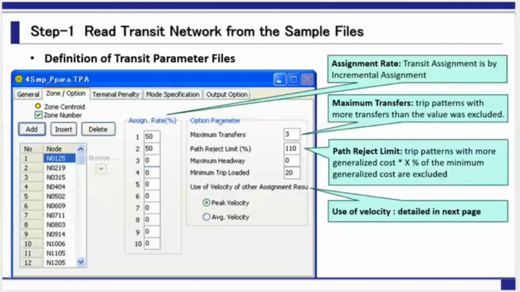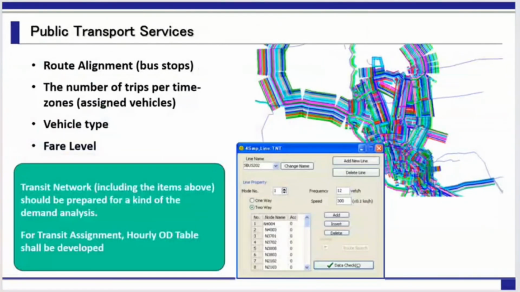Then the option parameters, the maximum transfer meaning. For example, a very complicated transit network is specified, so that you can go from anywhere to anywhere by transferring between bus routes.